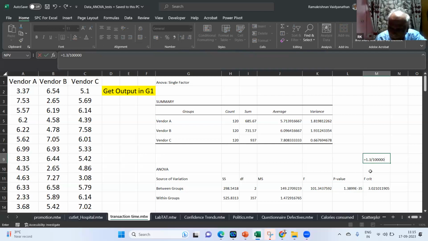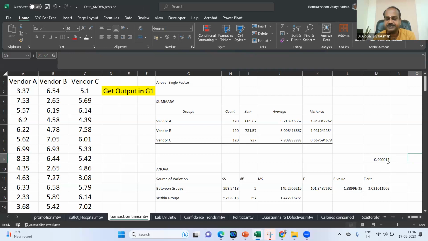That means you are dividing by a very great value, E power 35. See, 10 power minus 1 is 1 by 10, 10 power minus 2 is 1 by 100, 10 power minus 3 is 1 by 1000.